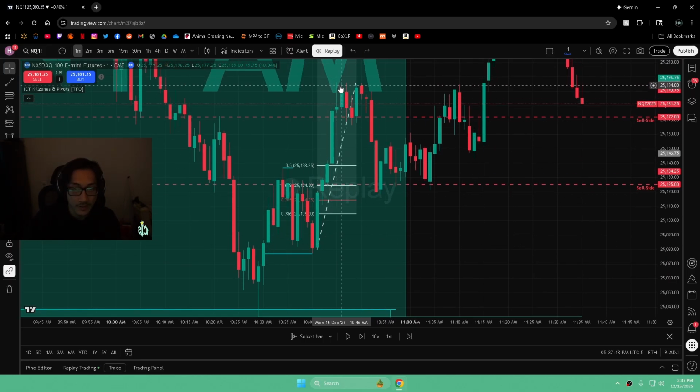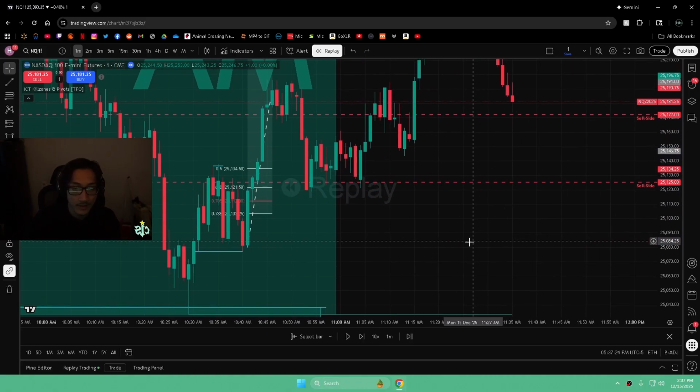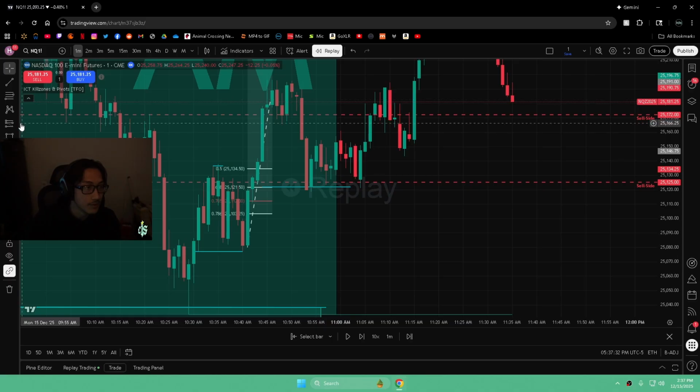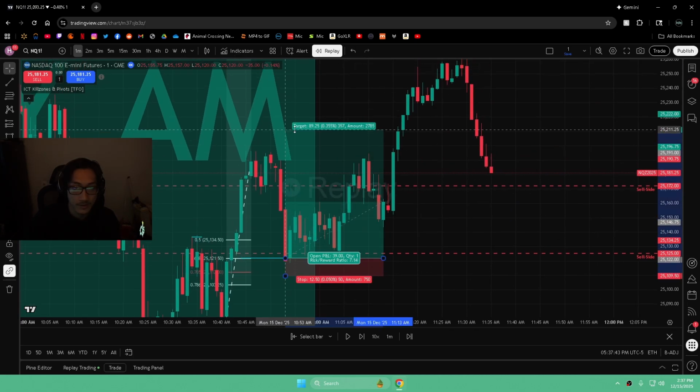This is our OTE from wick to body, actually. This one would be body. And then your entry would be at this zone right here. And you could aim for 1 to 4 RR with 50-point stop. 100 points.